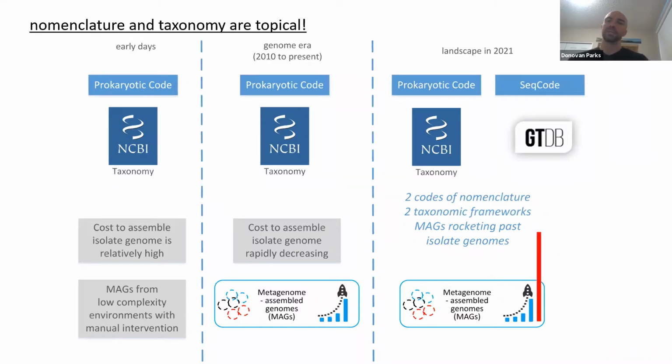Again, if you don't know what that is, I'll explain later. But the upshot of that is they're coming out with papers where they have 1,000 new isolate genomes in one paper. And even probably more salient to this question here is, of course, now we have these metagenome-assembled genomes, or MAGs, where we can pull out genomes directly from environmental samples.